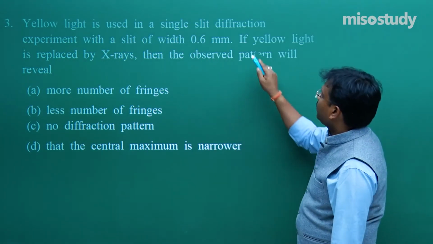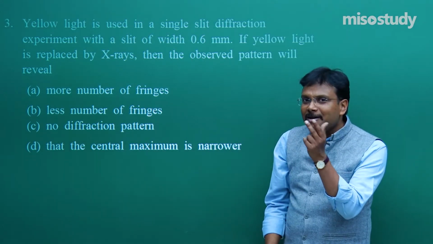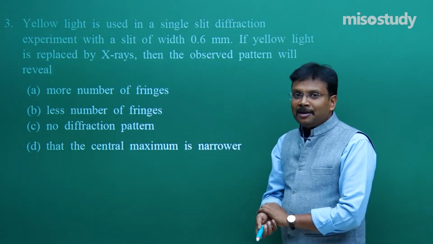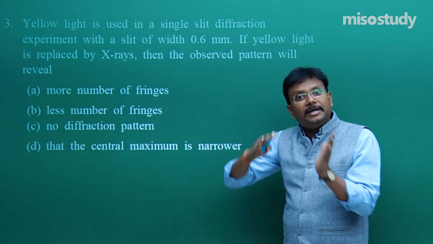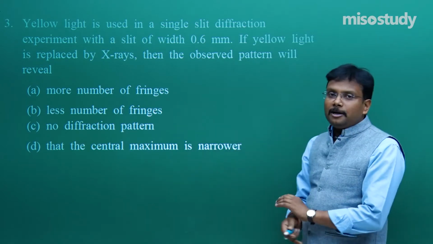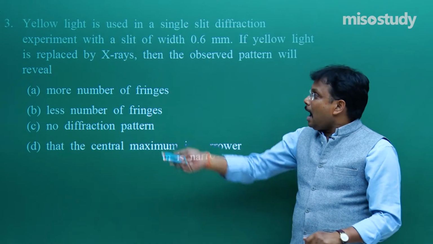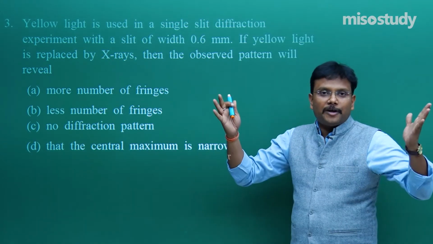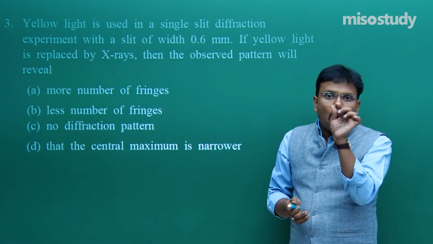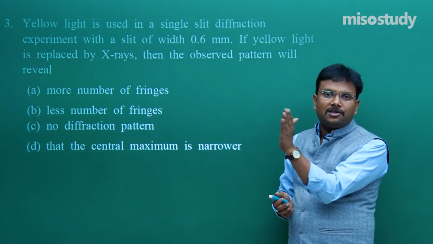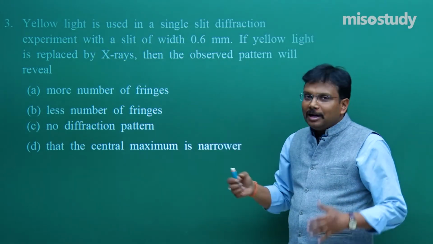Numbers are not so important. If yellow light is replaced by X-rays, what exactly is replaced? Not the light, but indirectly the wavelength has been changed. Yellow light means between 4000 to 7000 angstrom, and X-rays have a huge amount of energy, so the wavelength is very small. So the value of wavelength decreases sharply. Then the observed pattern will reveal what?